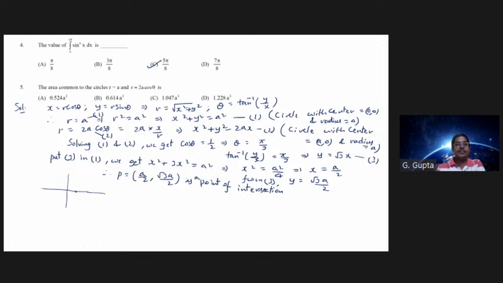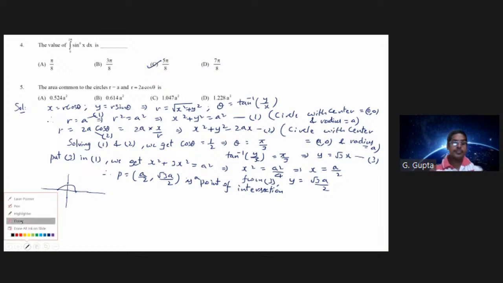Let us take radius a. And another circle having center at a, 0.